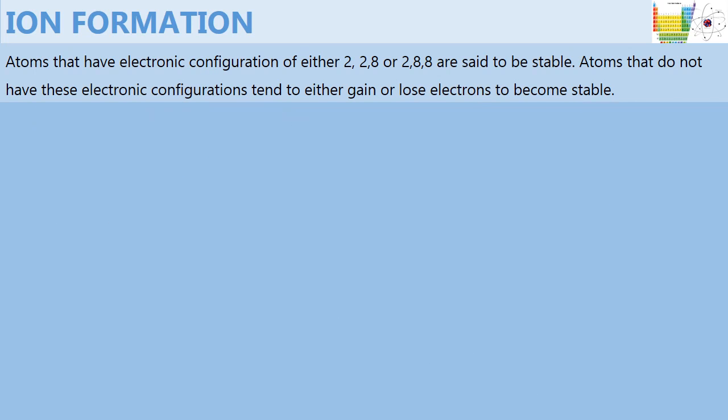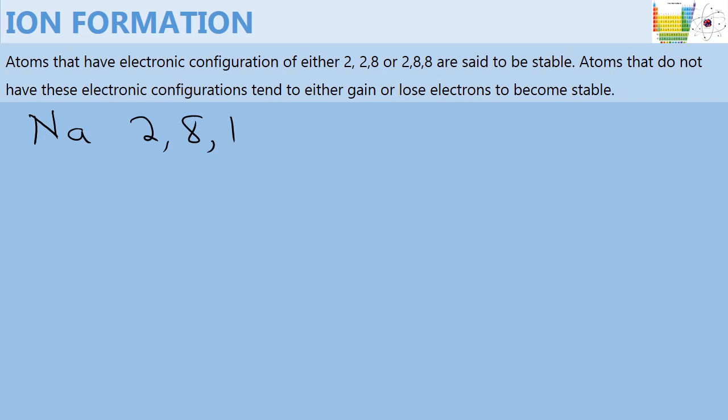For the unstable atoms to gain stability, they need to either lose or gain electrons. Consider sodium with electron arrangement 2, 8, 1.